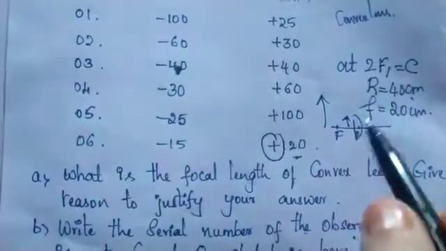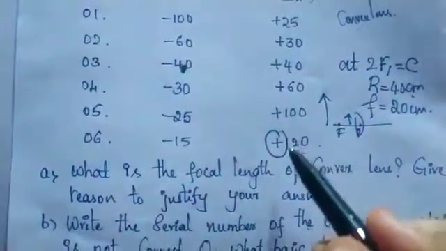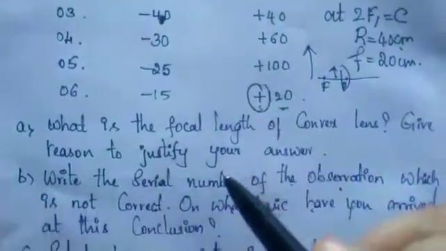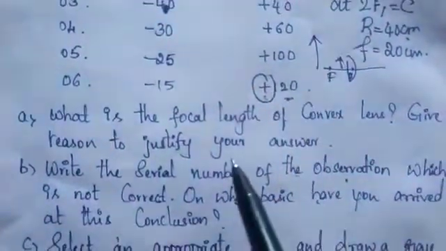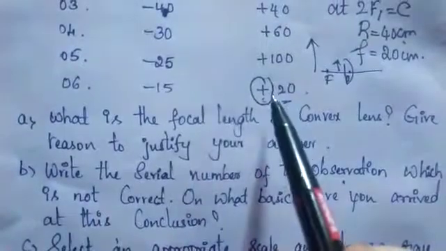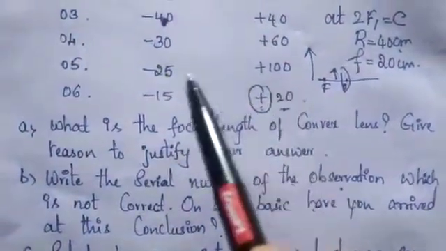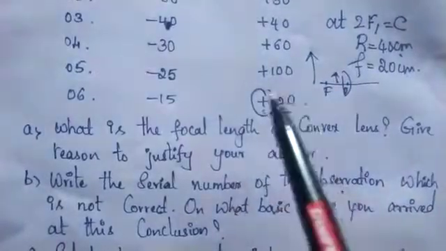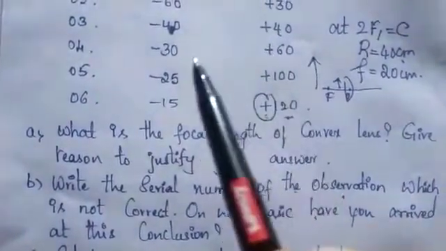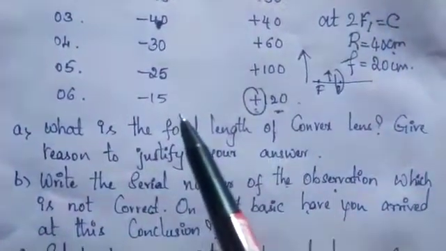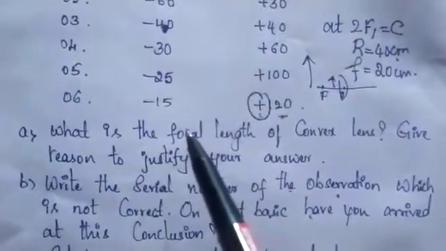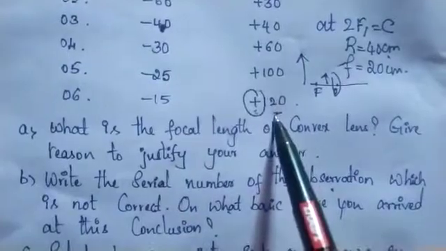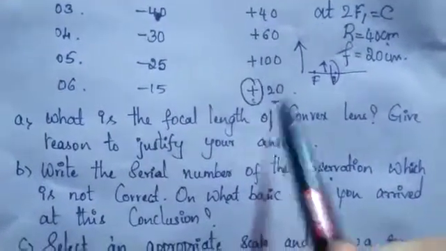When the image is formed on the same side of the lens, I have to get it as negative. So by seeing itself you can conclude that serial number 6 is wrong, because when the object is placed between f1 and optic center, the image will be formed on the same side of the lens. It should be negative. So the last observation is wrong here.